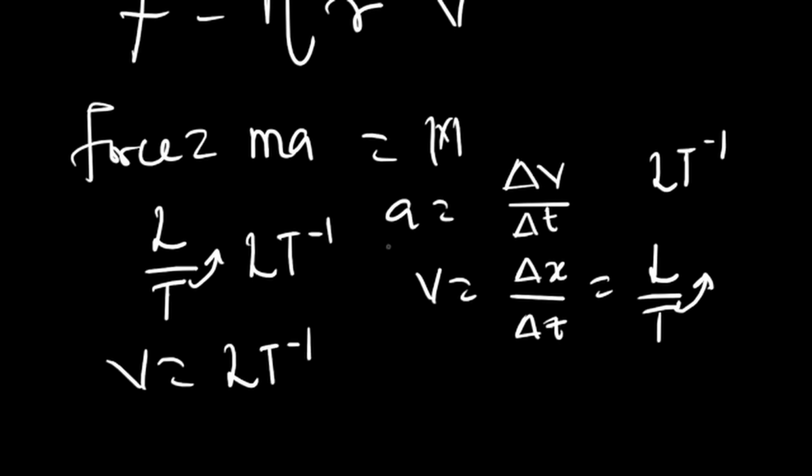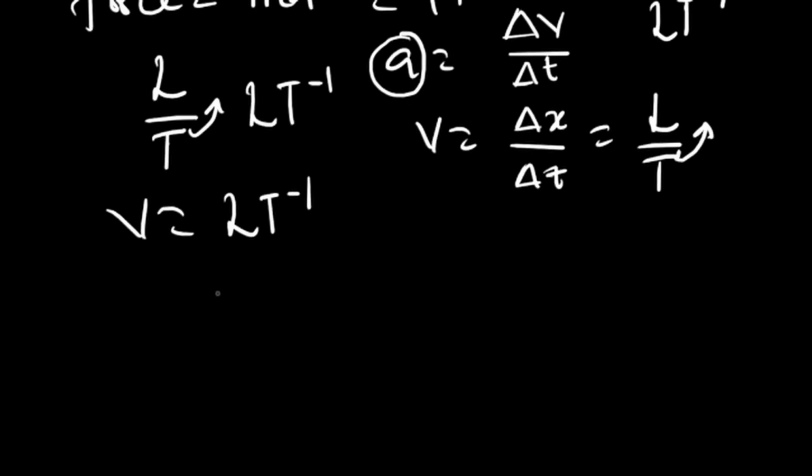Now, remember that we're looking for the dimension for acceleration. That means that whenever we see velocity, we put LT minus 1. Let's continue. Acceleration is equal to delta V, and the dimension for velocity is LT minus 1, over T. This is time.